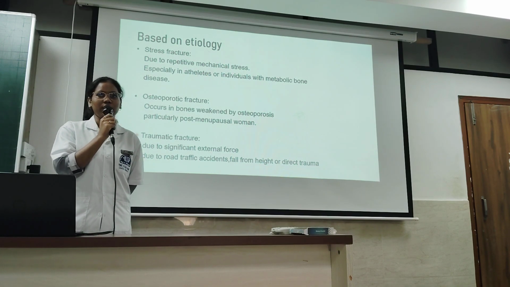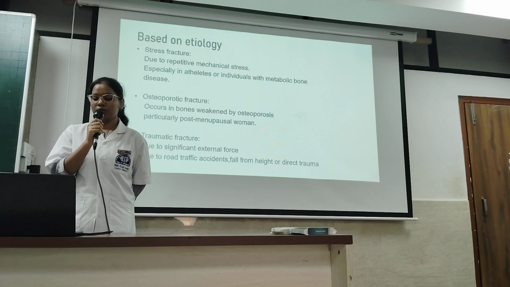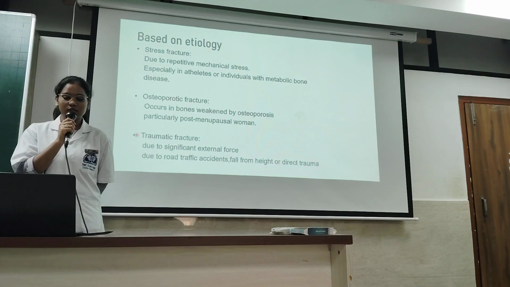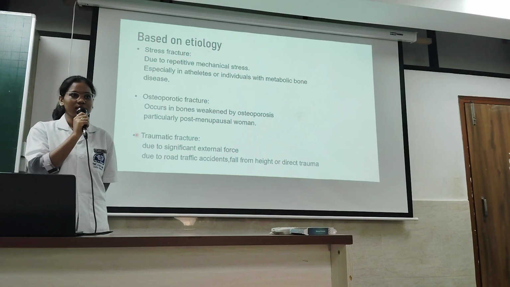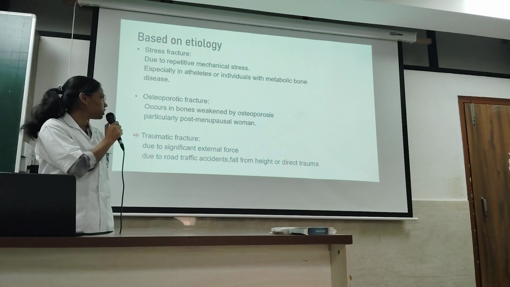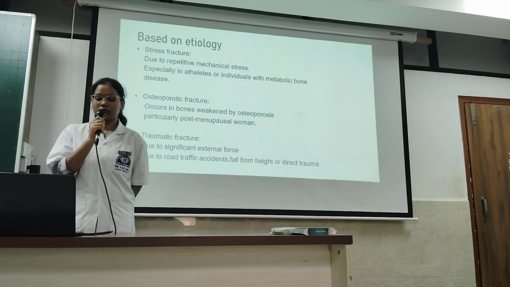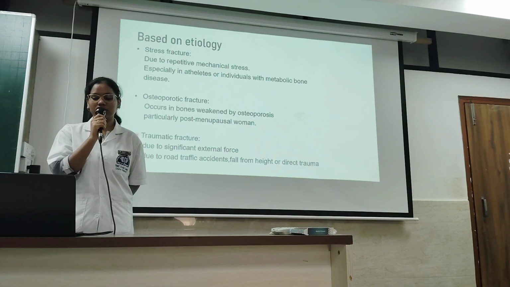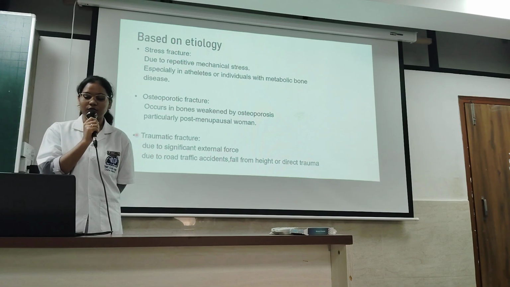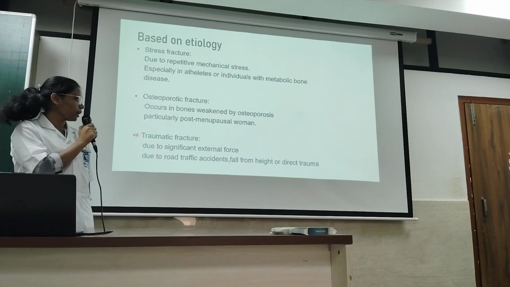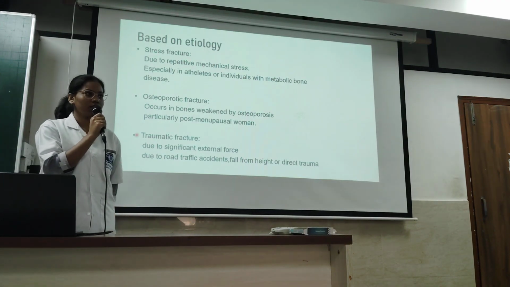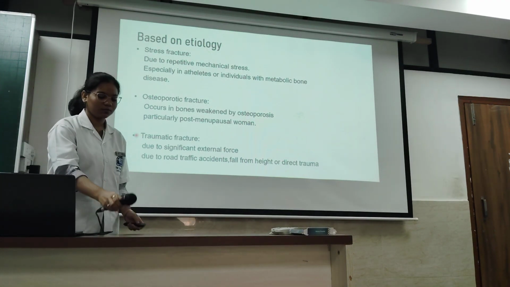Second is osteoporotic fracture, seen in bones weakened due to osteoporosis, generally in postmenopausal women or elderly persons. Third is traumatic fracture. It is seen due to significant external force, generally in road traffic accident or fall from height. Thank you. I would like to call Sandesh for the next subtopic.